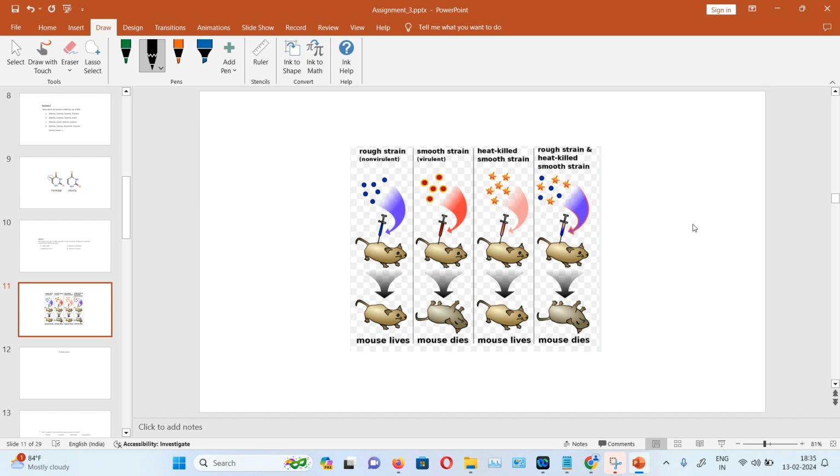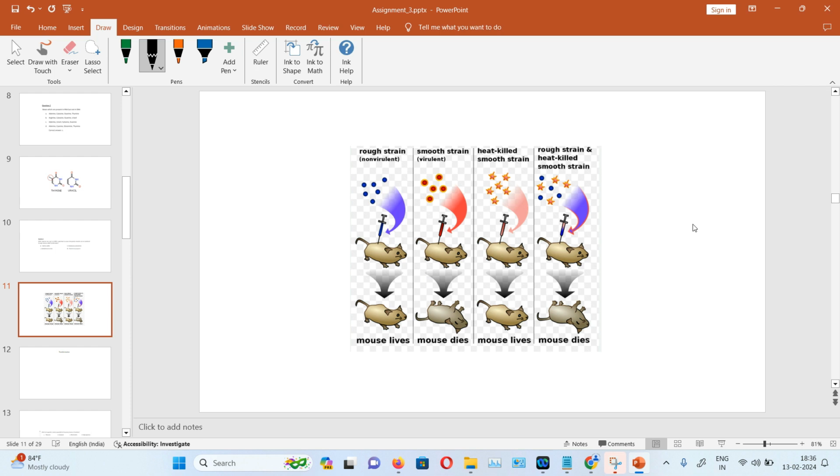What they observed was the presence of smooth strains inside the organism. So what is happening? They came to know that something converted the rough strain organism to produce the extra protective layer. So how did the extra protective layer get produced, and how did this rough strain bacteria become a smooth strain bacteria?